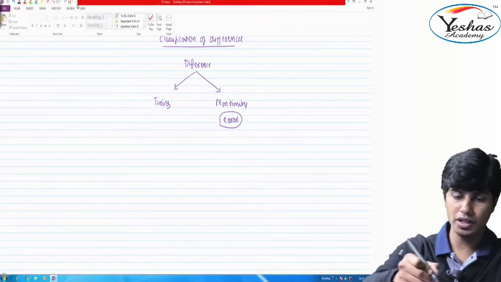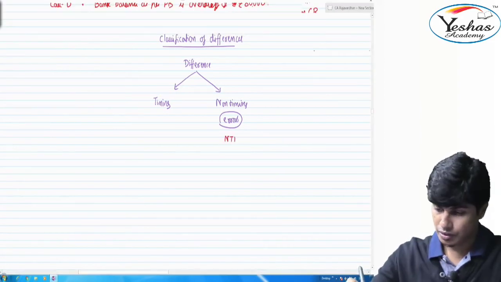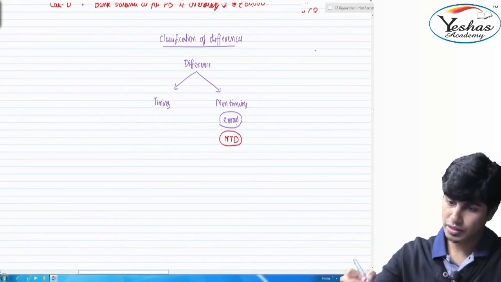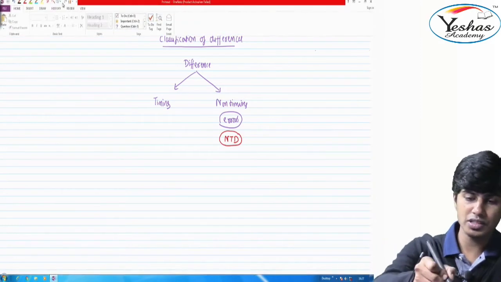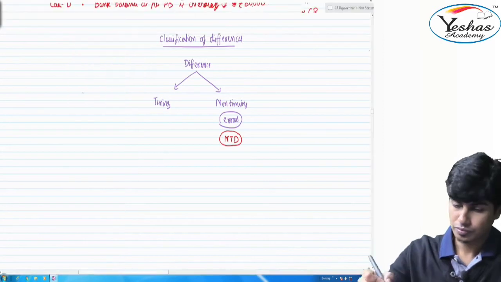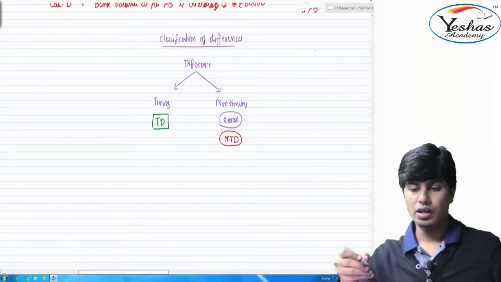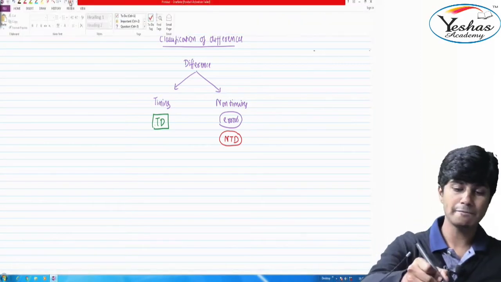See, previously what I did was I wrote non-timing differences like this. Timing differences, we wrote this way. Now, come back.